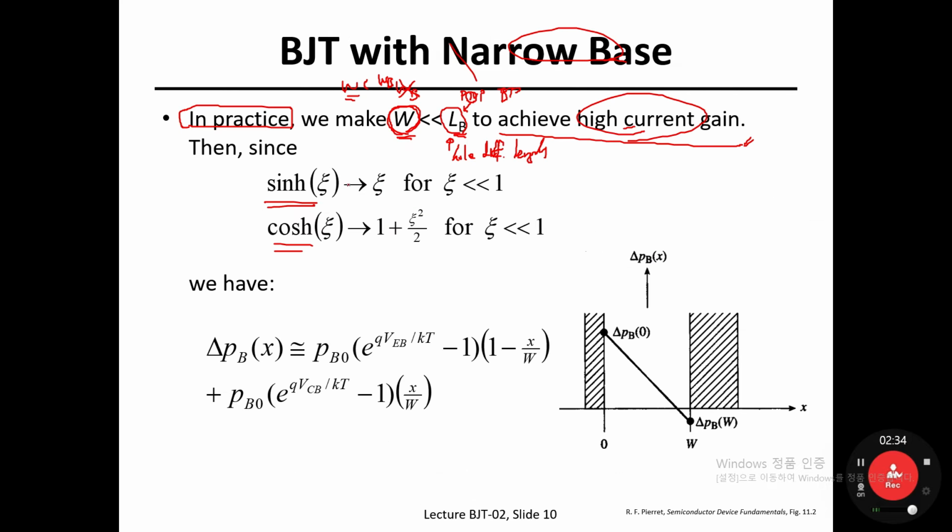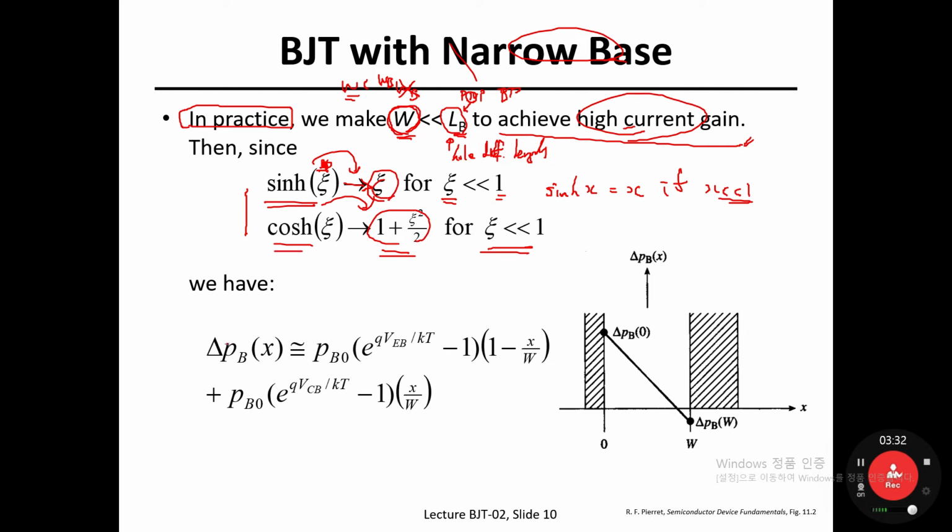If the argument is much smaller than 1, then sinh x is equal to x, and cosh x approaches 1 when x is much smaller than 1. So remember those two. Why we got this? Please go back to your calculus textbook, and you can see the full derivation for that.